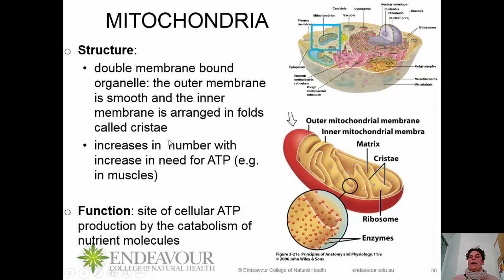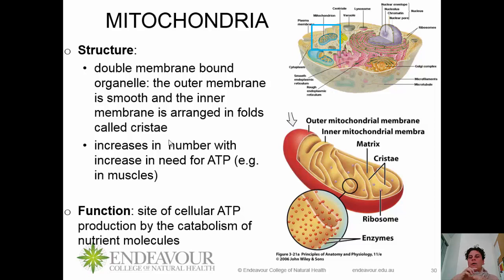Now, these crista are really, really important, because when you have a membrane that's folded in and out in a very small space, which is what the outer mitochondrial membrane is, what you're doing is creating more space within the mitochondria for particular ribosomes to sit on.